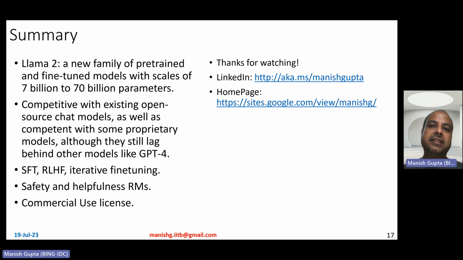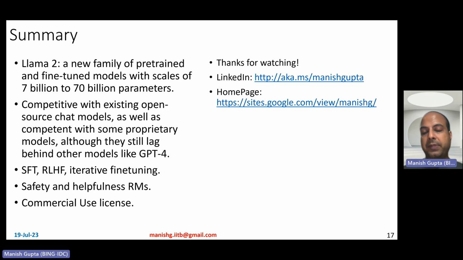Let me summarize. So in this video, I talked about Llama 2, which is a new family of pre-trained and fine-tuned models with scales of 7 billion to 70 billion parameters, launched by Meta AI just yesterday. These models have been shown to be competitive with existing open source chat models, as well as very competent with some proprietary models.